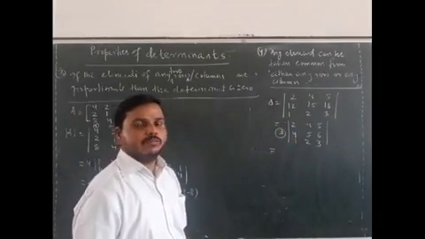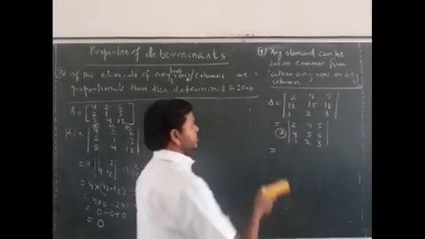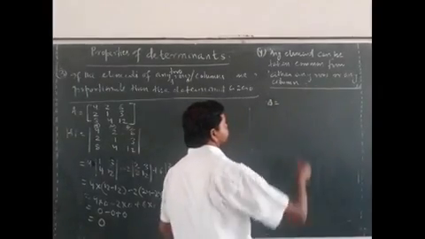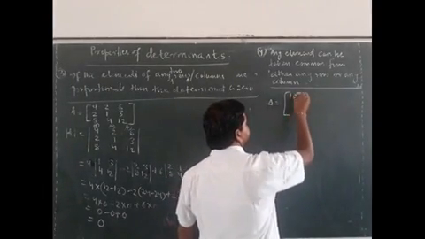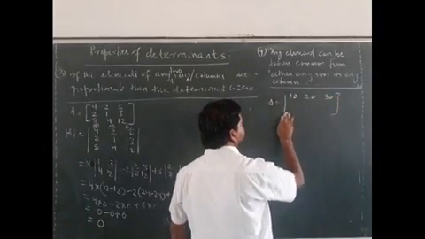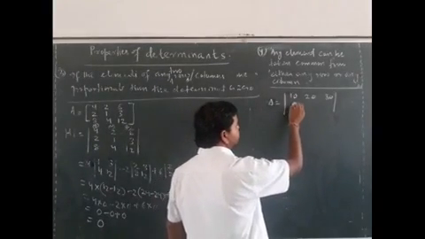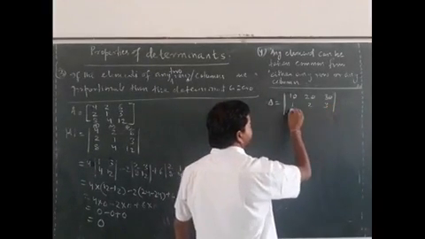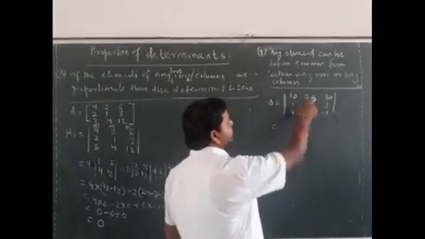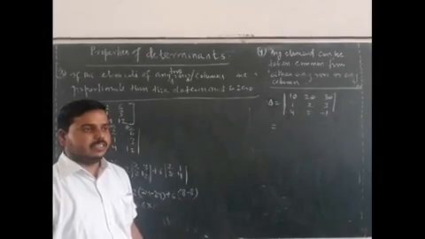So elements from any one row or any one column I can take common. For example, let me demonstrate it. Suppose this is 10, 20, 30. While you write the delta symbol, don't write a matrix, it is a determinant. This is 1, 2, 3 and this is 4, 5 and minus 1. Now you take 10 common from the first row.